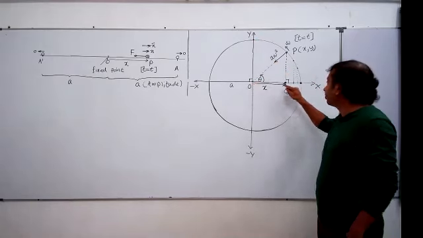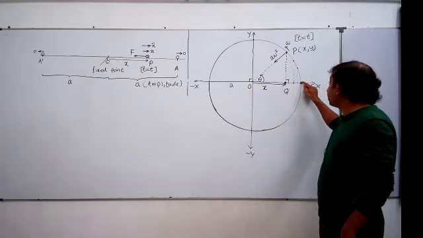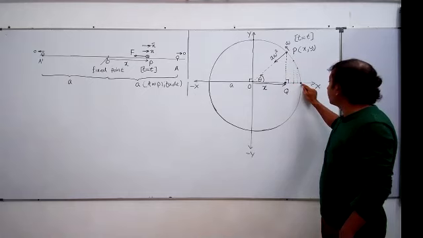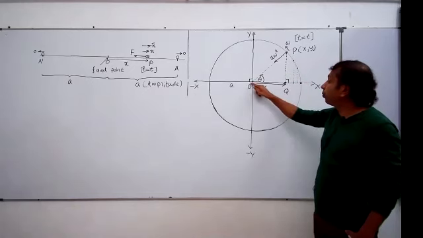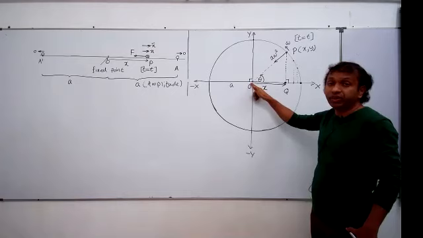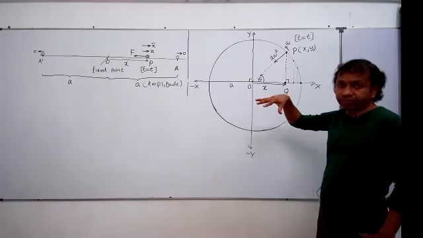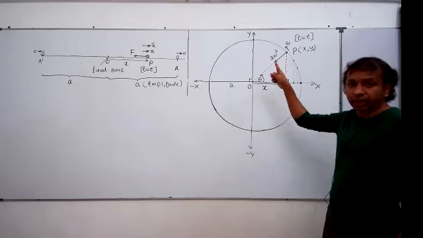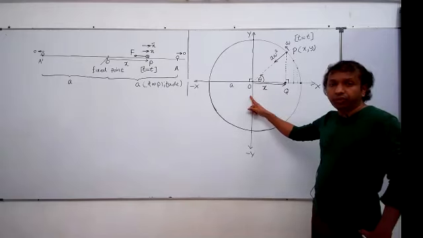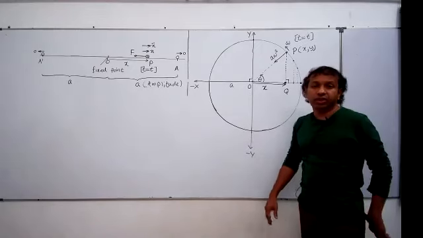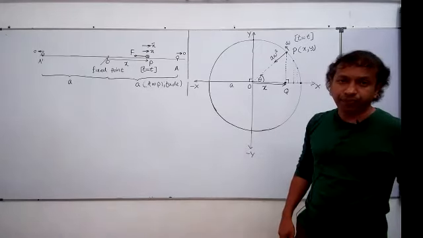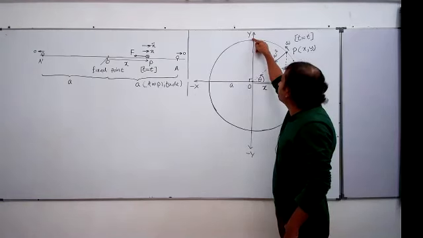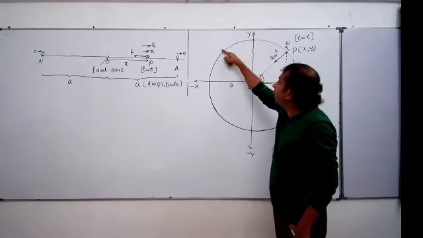That means when the point P comes on the circle from here to here, the point Q comes to the point O. You can see during the same time interval, both the point P and the point Q move horizontally the same displacement A.